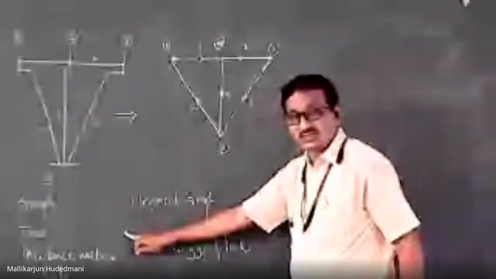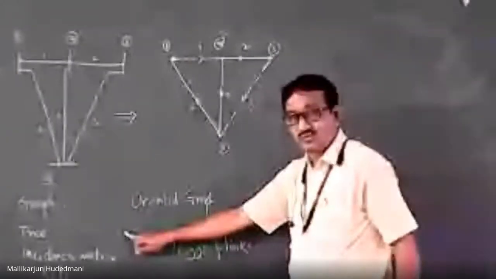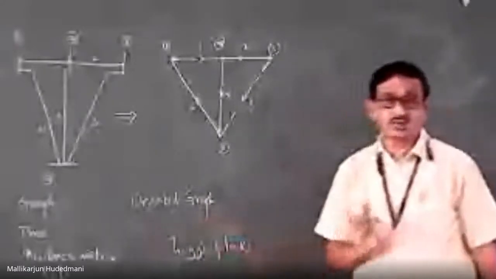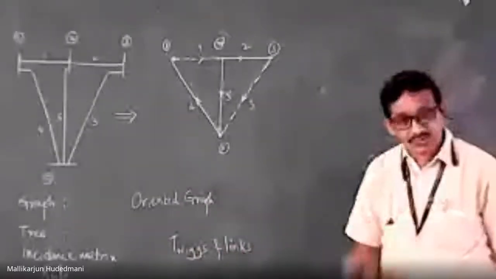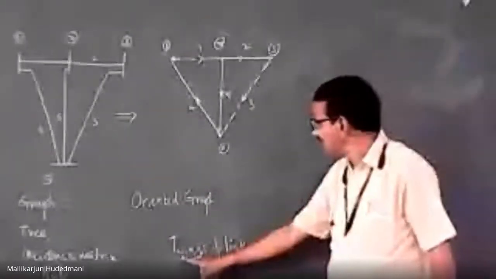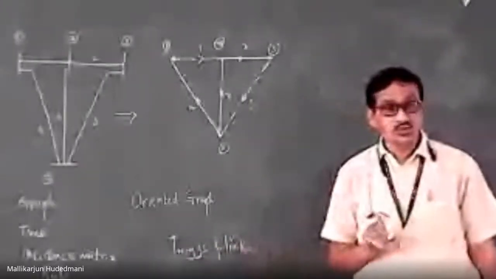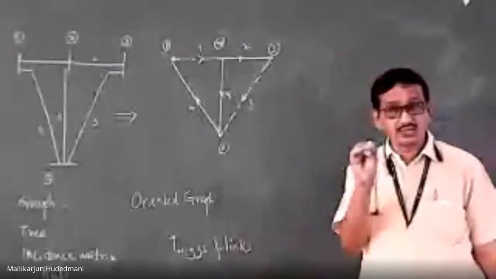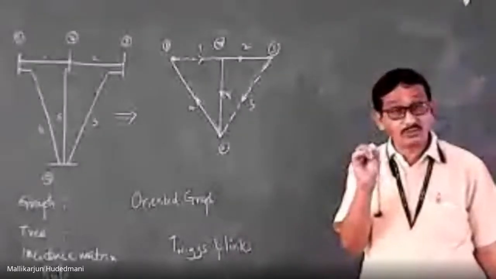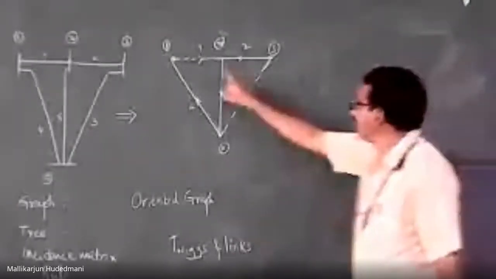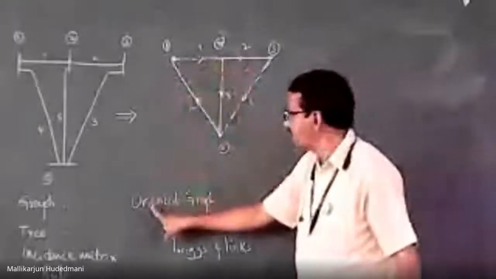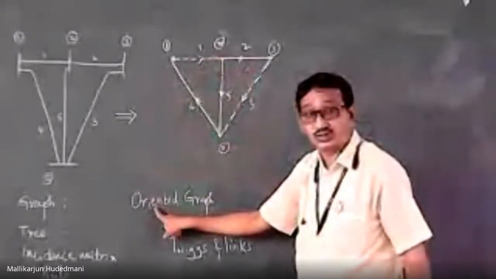tree is a subgraph or a graph in which no closed loop exists, comprising several twigs and links. Links are the ones which are put with a dotted representation to form a tree only. If I make them solid, it's going to become the original oriented graph again.